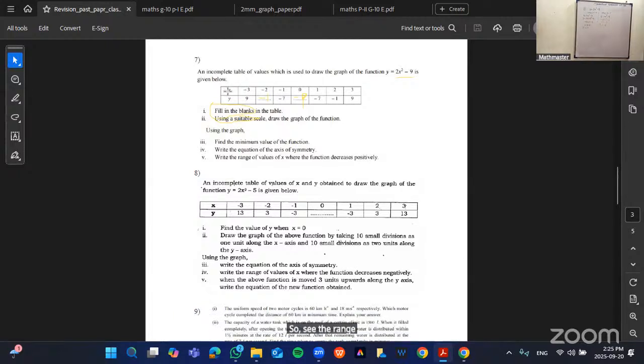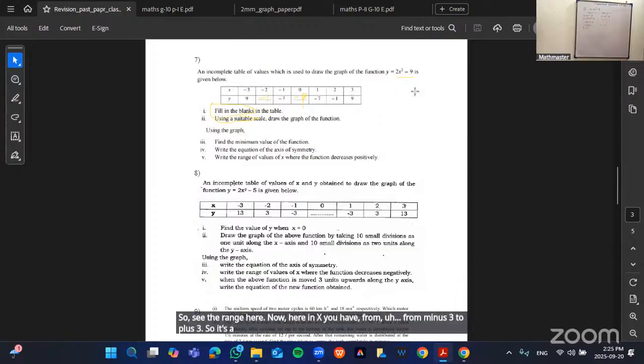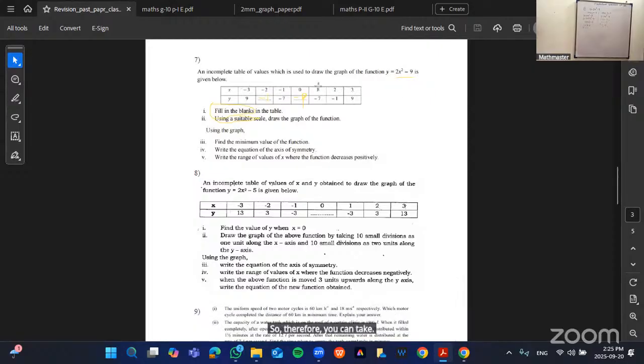In x you have from minus 3 to plus 3, which is not a big range. So you can take 10 small divisions as 1 unit for x.